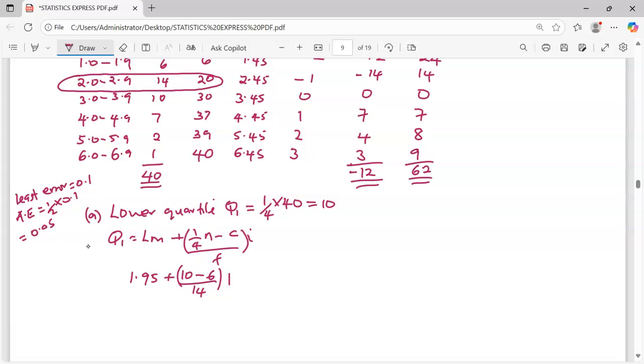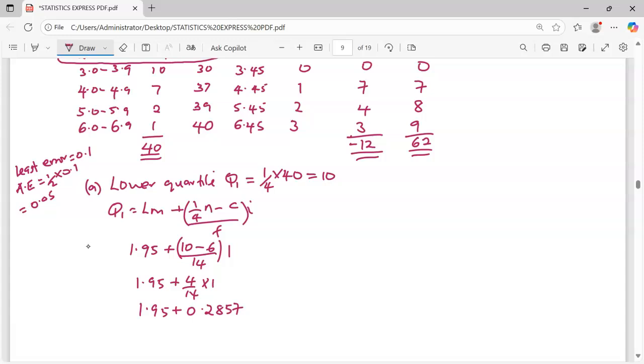This one is going to give us 1.95 plus, remember 10 minus 6 is 4, so we are going to have 4 over 14 times 1, and this one is going to give us an answer equivalent to 1.95 plus 0.2857, translating to a figure equivalent to 2.2357. That is the lower quartile.